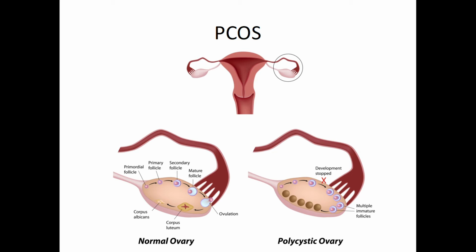These cysts continue to produce some hormones, throwing off the balance. There are generally high levels of androgens being produced, and this can lead to symptoms associated with the high levels of androgen, like hair growth in places. This can lead to weight gain. This can lead to diabetes. So there's a whole lot of issues associated with the hormones being produced by these cysts.